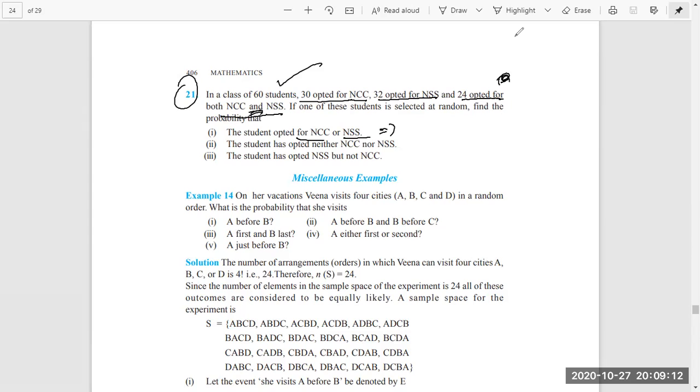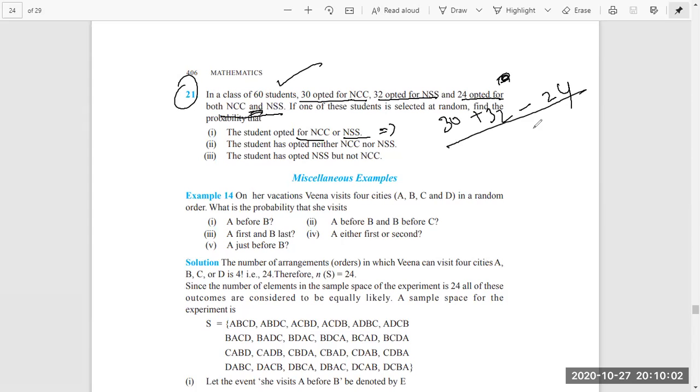Okay. So, all you need to do is add 30 plus 32 minus 24, right?